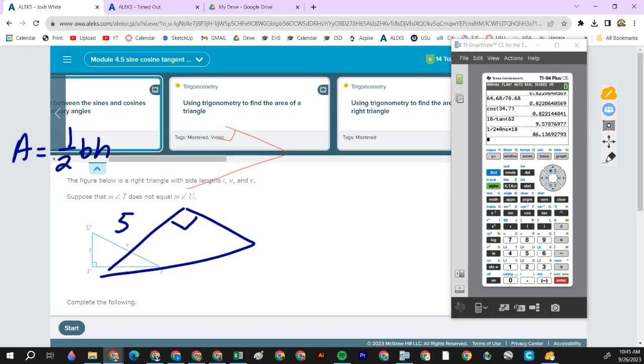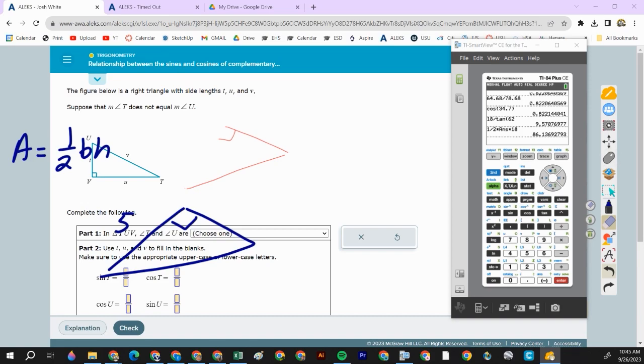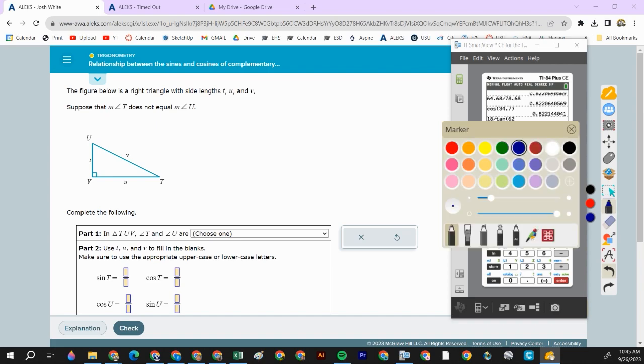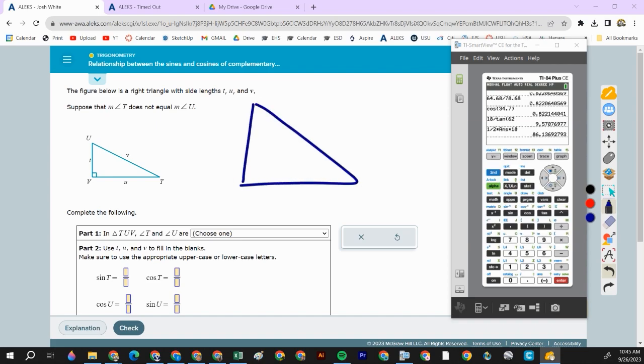All right. Relationship between sines and cosines. So if I had this, oh, well, they already drew me one. What is the cosine of t? Cosine is a divided by h, so that would be u divided by v.